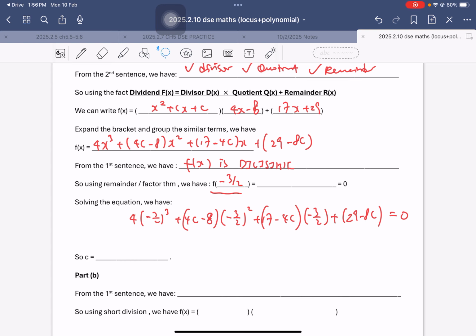Equal to 4. So after you solve the whole equation, we have c is equal to 4.